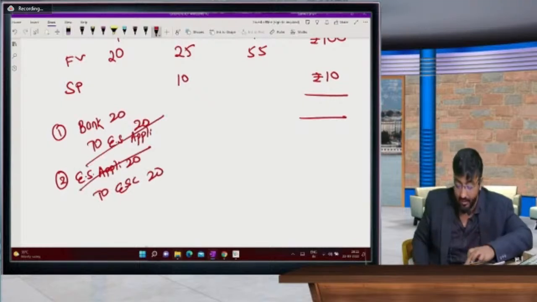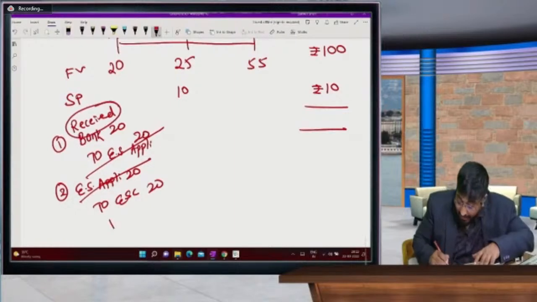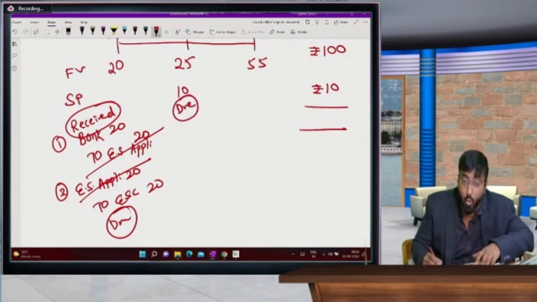Application cancel. Beta, in application, first entry is of received and then entry of due. But in allotment, first entry is of due.